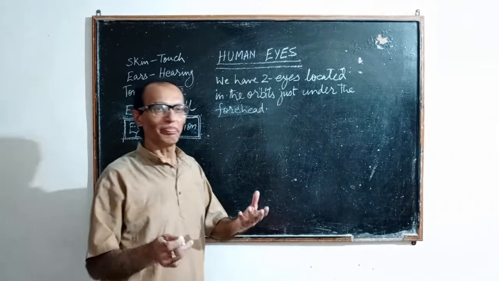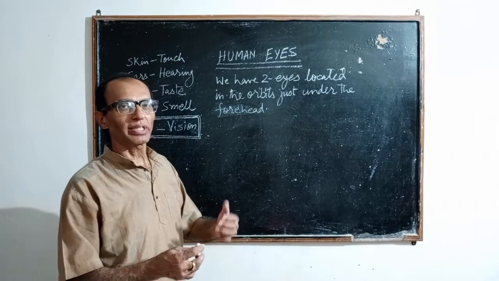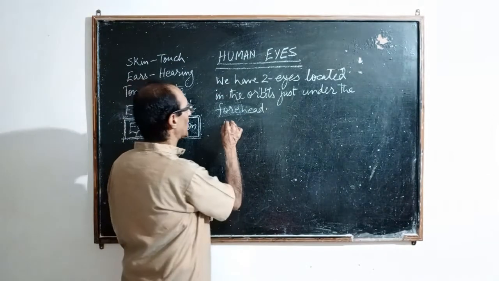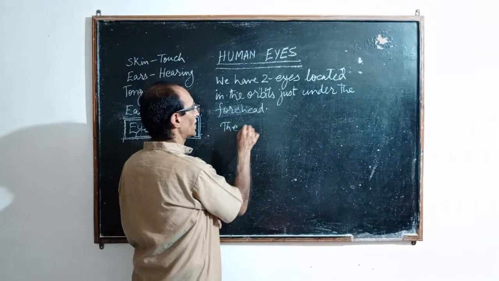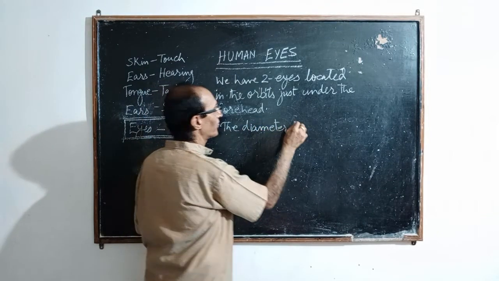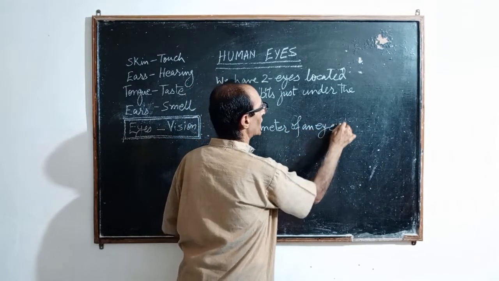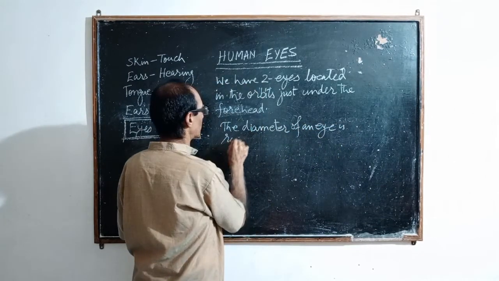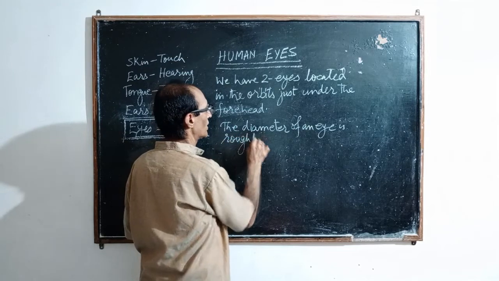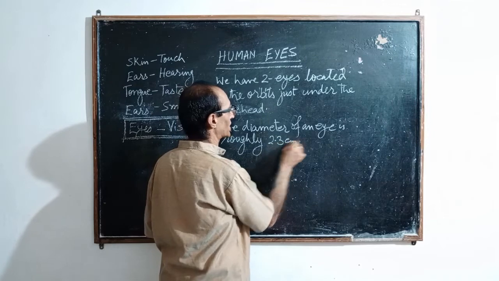You may read it from different books. On an average, it mentions that the diameter of an eye is roughly 2.3 centimeter.